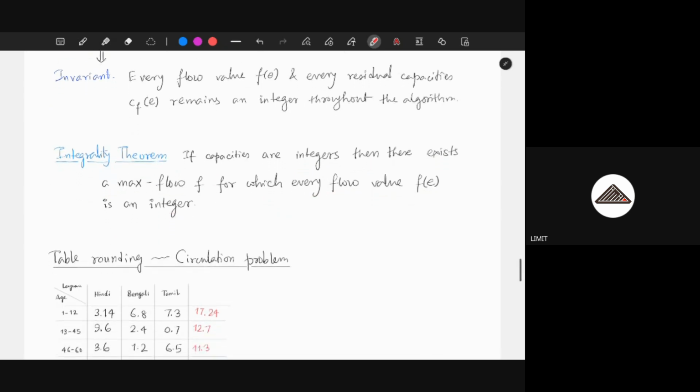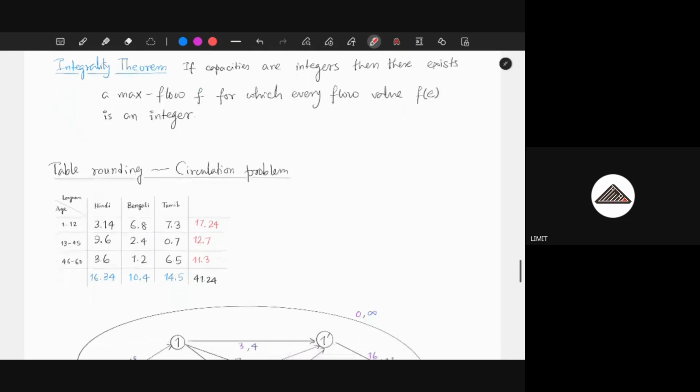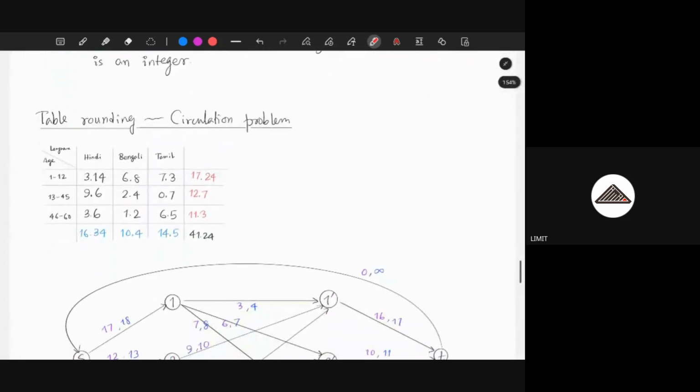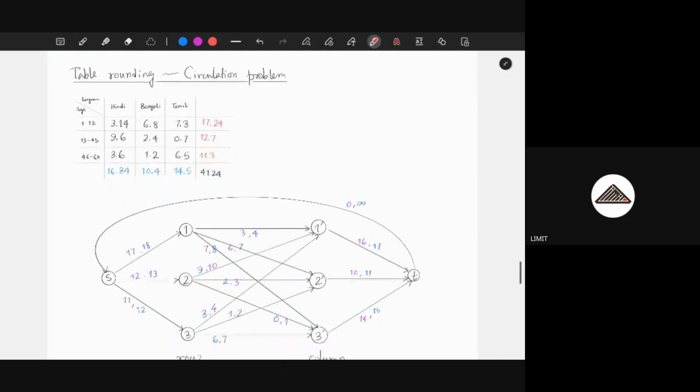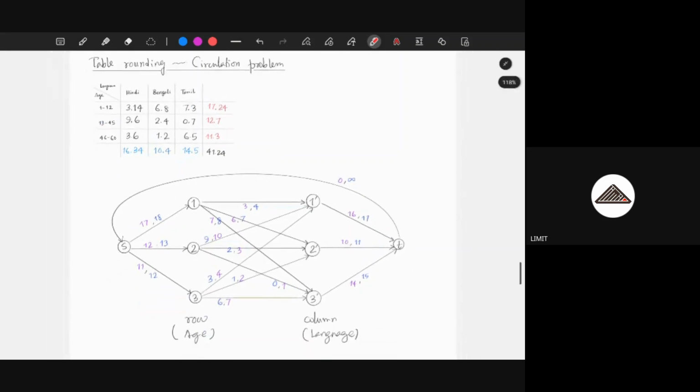That is what gives the solution to the table rounding problem. But the thing is, here I have a lower bound as well. Say I have this table, with 1, 2, 3 as rows, the age groups, and 1', 2', 3' as columns, the languages.